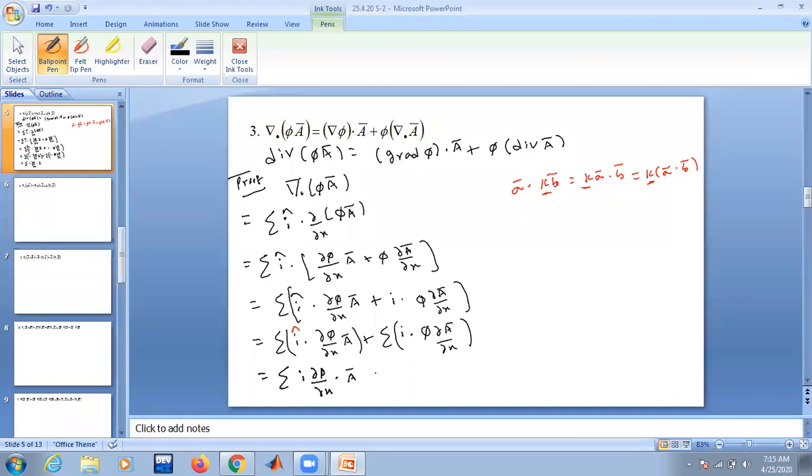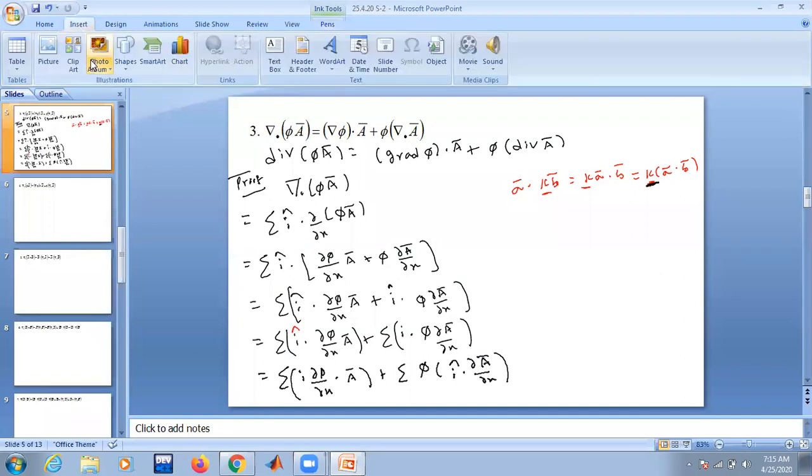Plus sigma. Can I bring this phi outside according to this property? Yes, phi into i bar dot dou A bar by dou x. Is that okay?